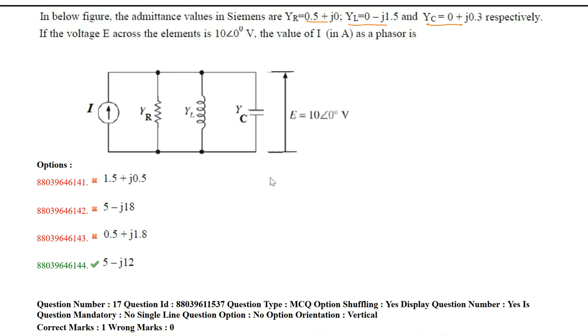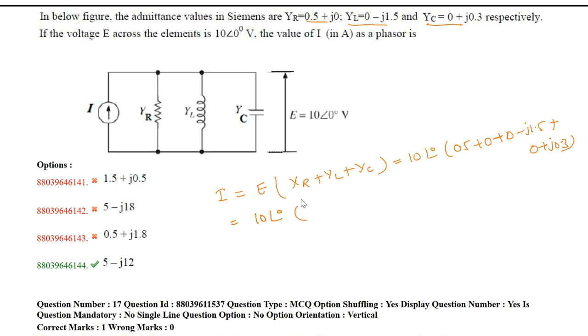So first of all we need to find the value of current here. So I is nothing but, parallel circuit means, E at an angle times YR plus YL plus YC. So E at an angle means 10 at an angle 0, YR means 0.5 plus 0, plus 0 minus j1.5, plus 0 plus j0.3.